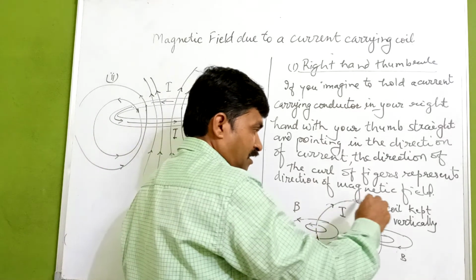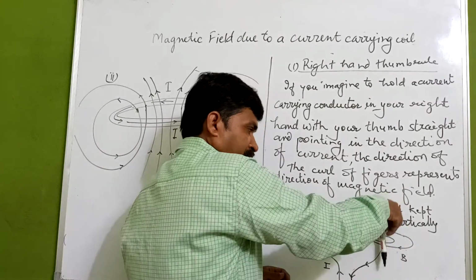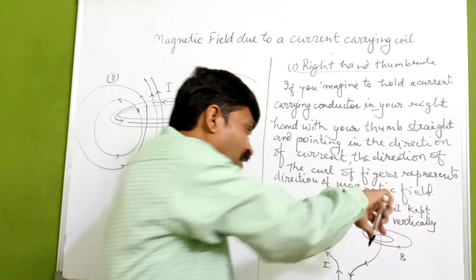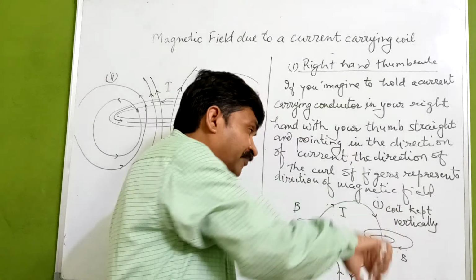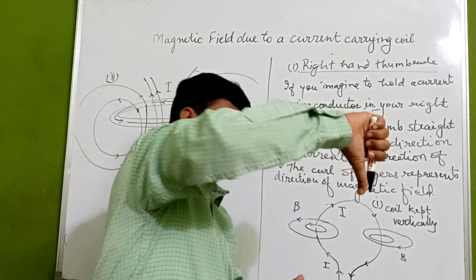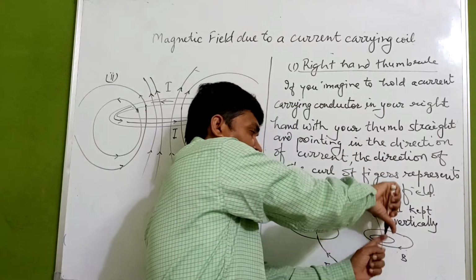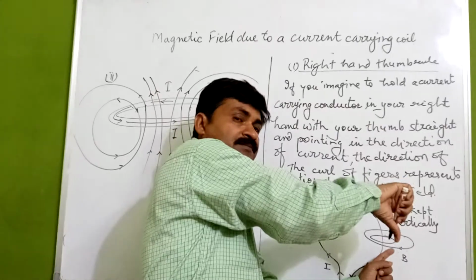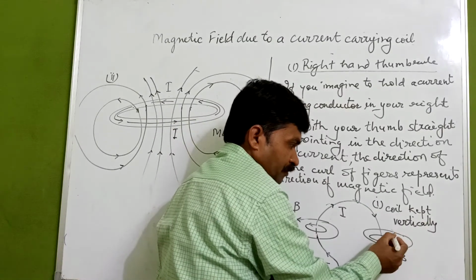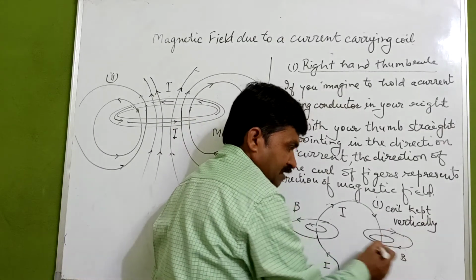Now when the current is coming like this, we can again assume a conductor here. Using the right hand thumb rule, the current is flowing downward, and the curled fingers are in this direction. So the direction of the magnetic field will be given by this.